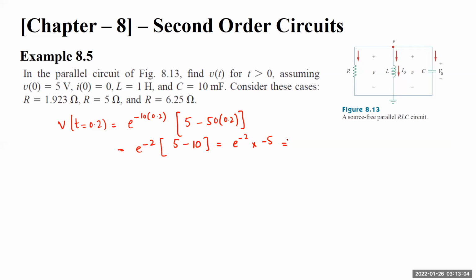Let me calculate it on a calculator. e to the minus 2 is 0.7182, hmm, multiplied by minus 5, so minus 3.59.